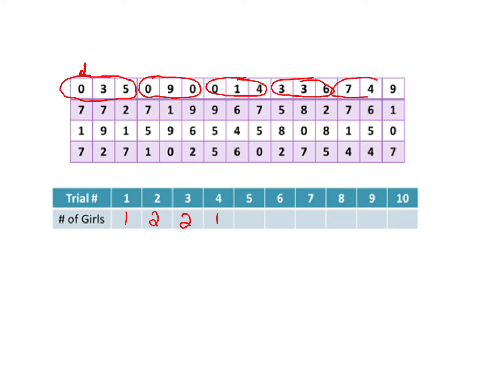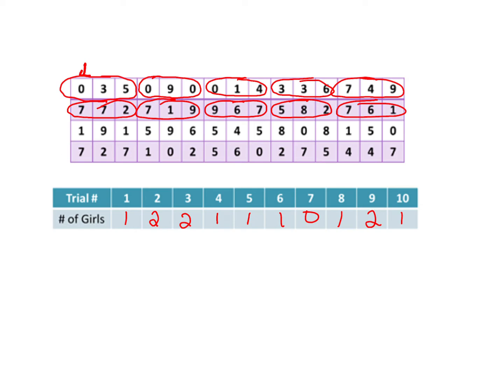My fifth trial, 7, 4, 9, 1. Then my sixth trial, 7, 7, 2, 1 again. My seventh trial, 7, 1, 9, we had 0. In my eighth trial, 9, 6, 7, 1. 5, 8, 2 for my next trial is 2. And then 7, 6, 1, I got 1 again. So that was my do.